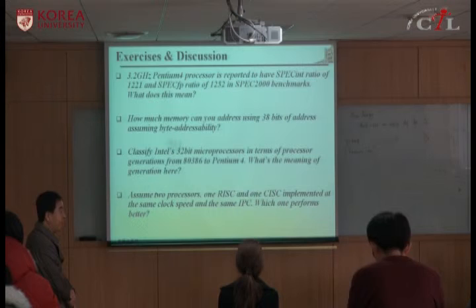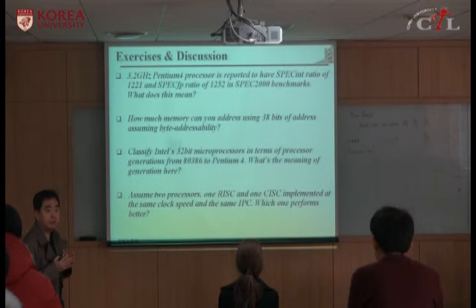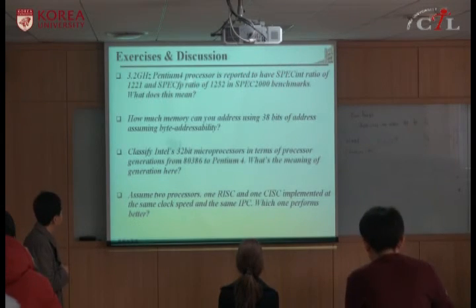Okay, this means compared to a reference machine, which is a 300 MHz UltraSPARC, integer performance is about 12 times faster, because for SPEC CPU 2000, the reference machine's relative performance was 100. So 1221 means it's about 12.21 times faster than the reference machine for integer applications, and floating point is also about 12.5 times faster.